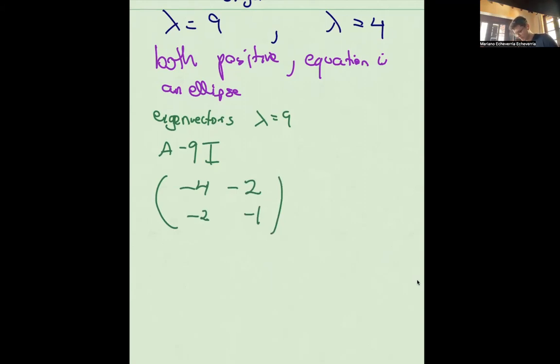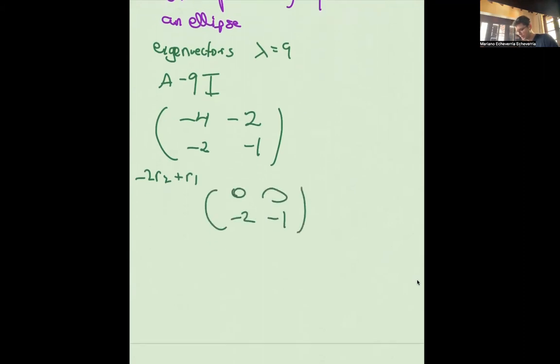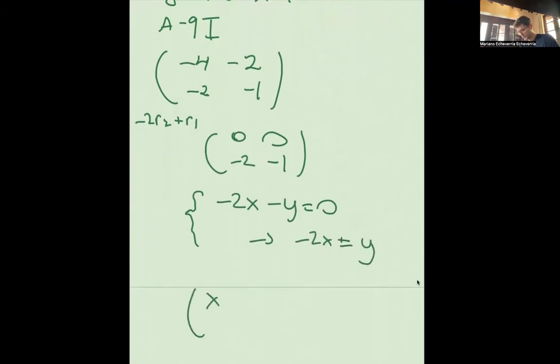Right, and then if you do minus 2 row 2 plus row 1, you get 0, 0, minus 2, minus 1. From there, you can see the null space: the equation is minus 2x minus y equals 0. So minus 2x equals y. So the eigenvector is what? (x, minus 2y).